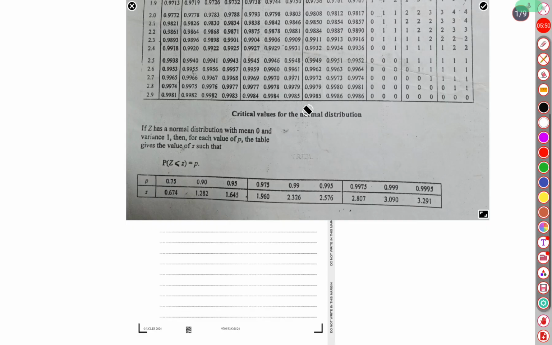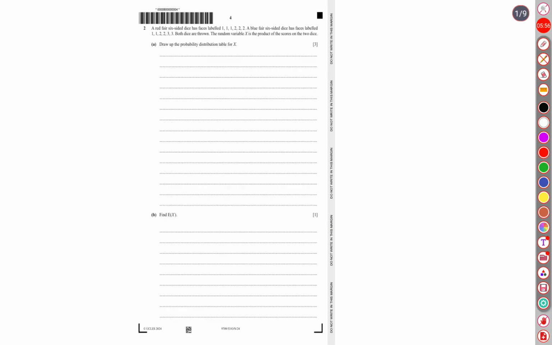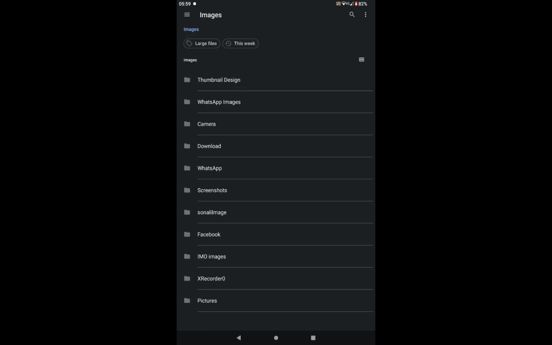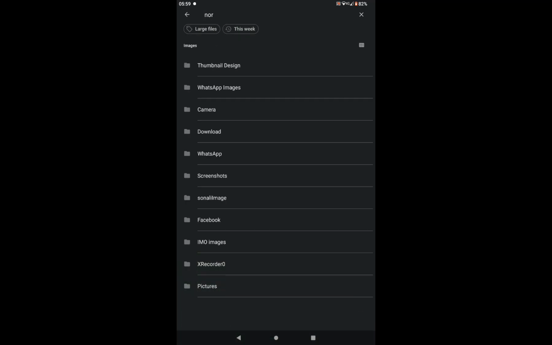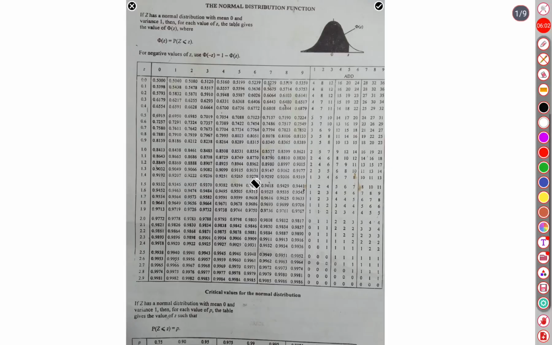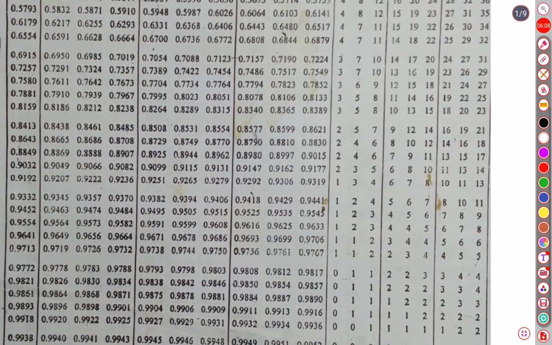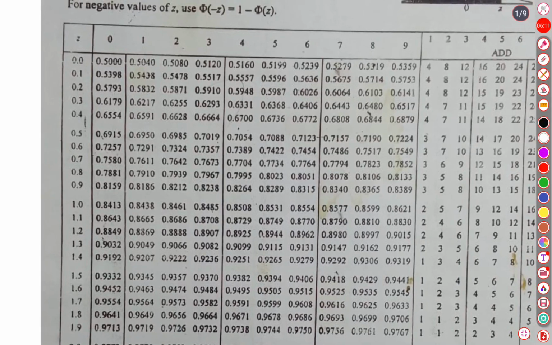Let's have a look at our z-score, which was 1.25.